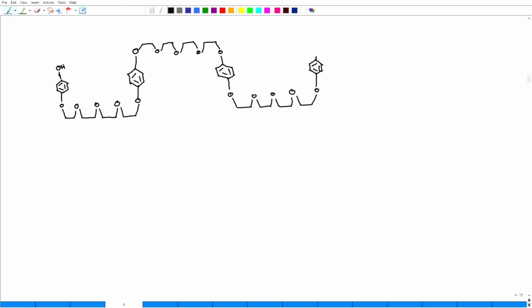We have a long way to go. These are just supramolecular synthons. 1, 2, 3, 4, 5, OH.